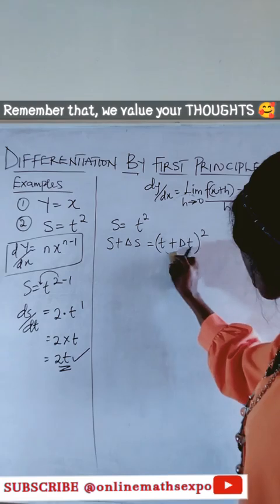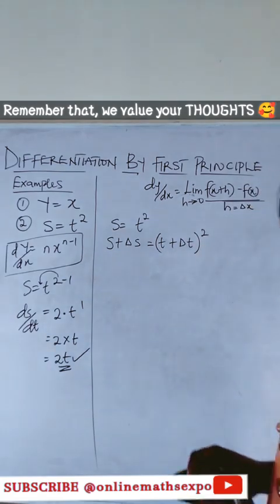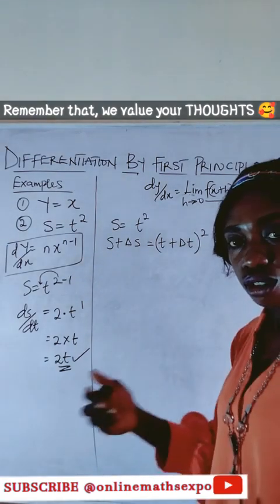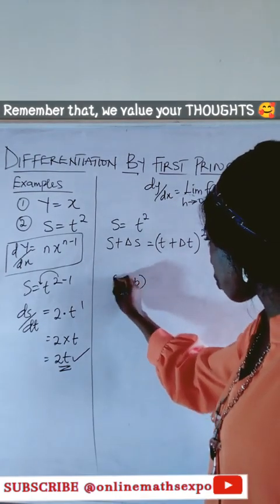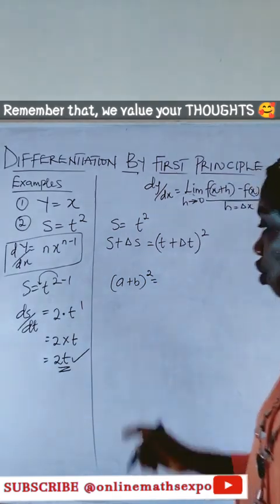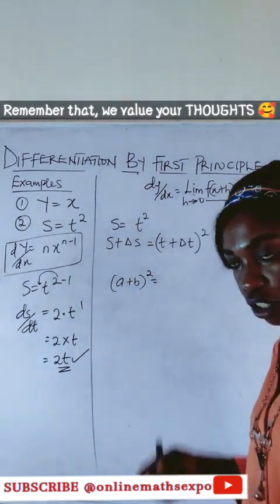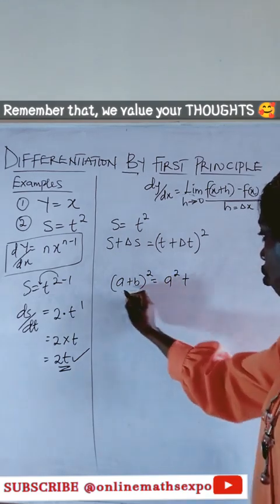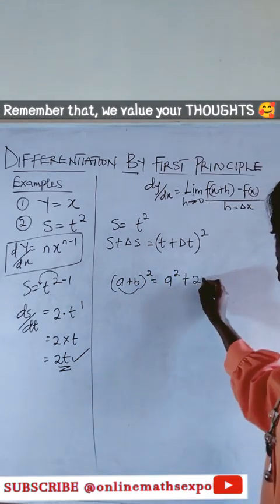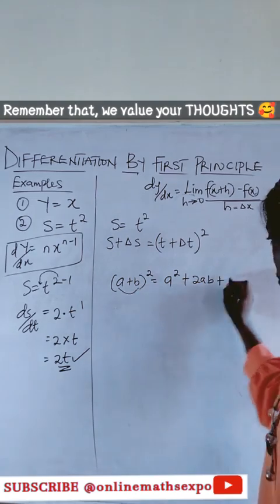So what we need to do now is to expand this, okay? We are going to use our normal expansion formula for when we have (a plus b) to the power of 2. Okay, so if you have this kind, we are using the formula which says square your a, plus use 2 to multiply this, so we have 2ab, then square your b.